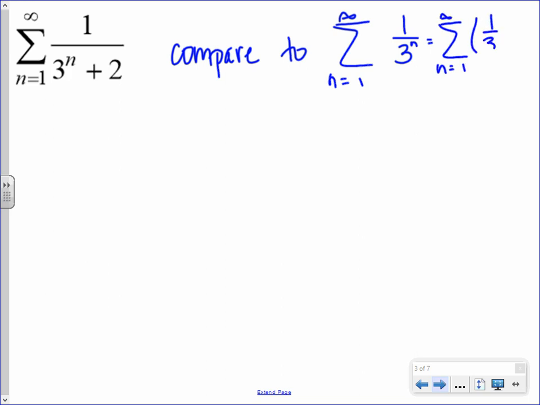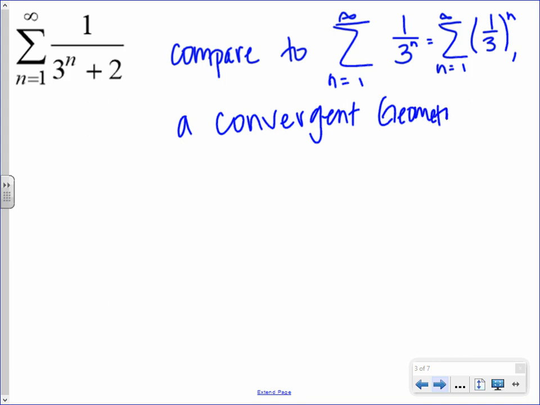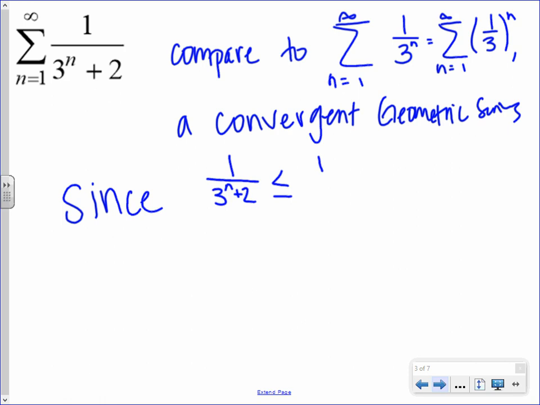And what do we know about this? A convergent geometric series. Okay. Is 1 over 3 to the n plus 2 always less than or equal to 1 over 3 to the n?